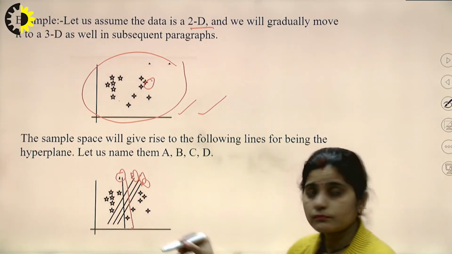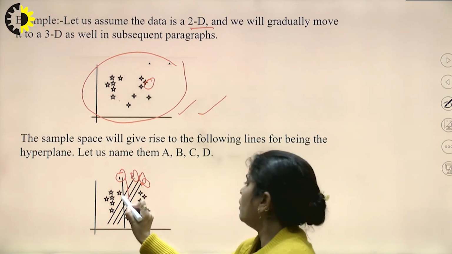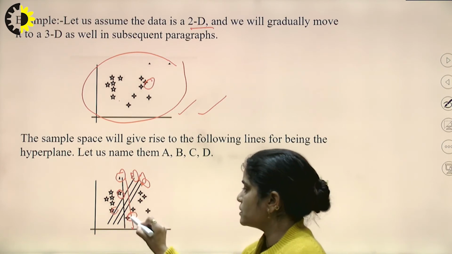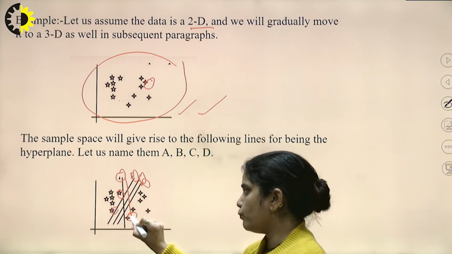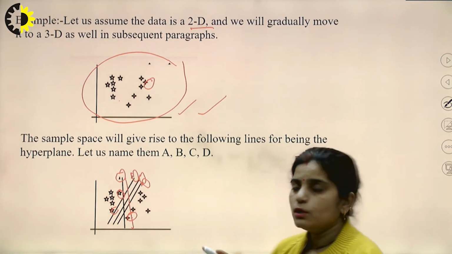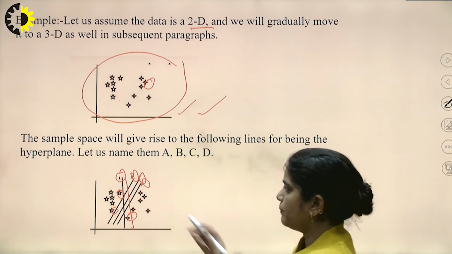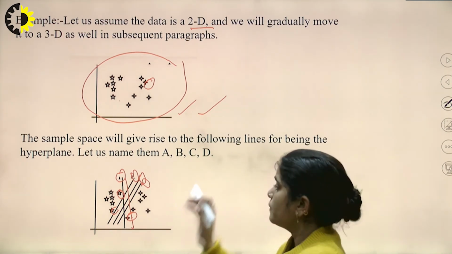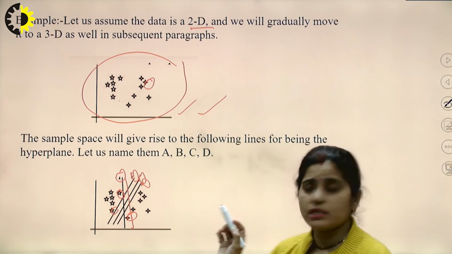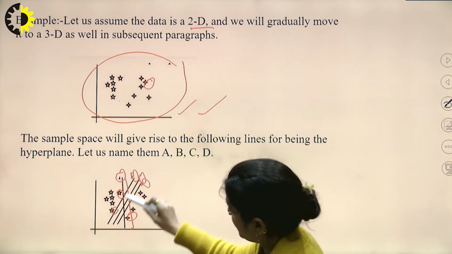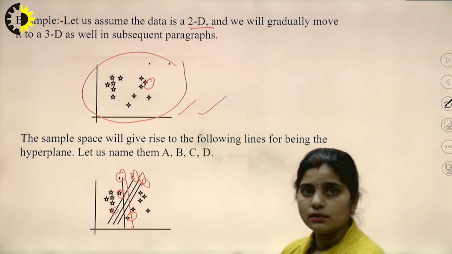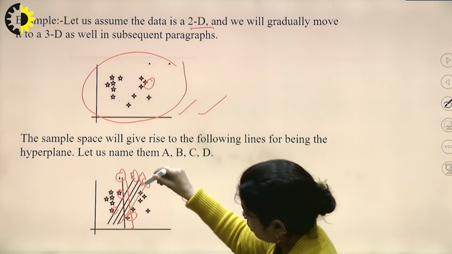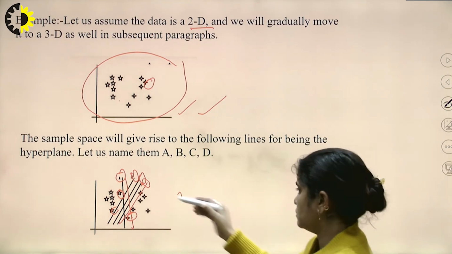Now, in the given example, the hyperplane A lies over the corner of the two data points, the star having 4 dots and the star having 5 dots. So, whenever there is any disturbance to this hyperplane, it can distract the data points. Similarly, hyperplane B also lies close to some data points, and hyperplane D also lies closest to some data points.